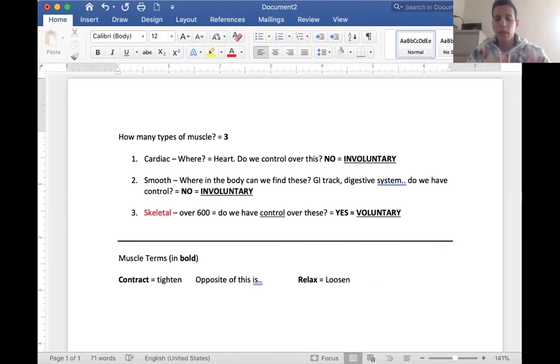The reason why I wrote that is because there's a word called flex. And in life, people in general have gotten the term contract and the term flex mixed up with each other. Flex means to bend. And in muscular terms, flex means you're bending a part of your body.